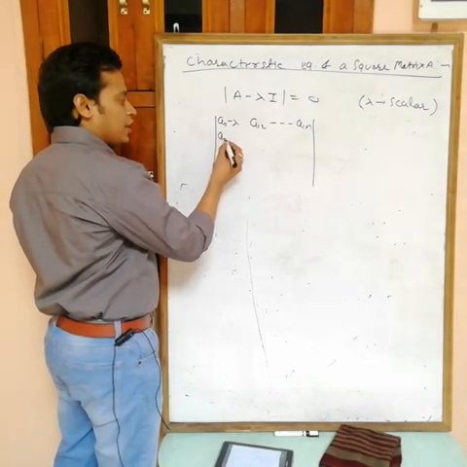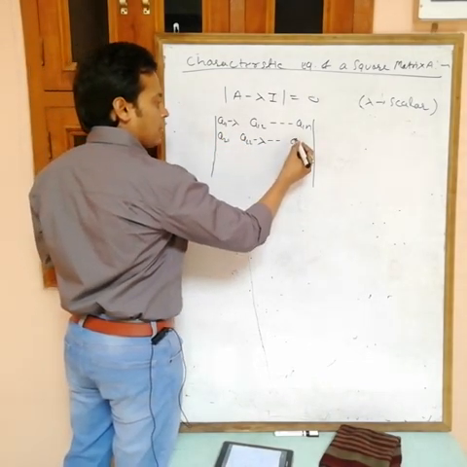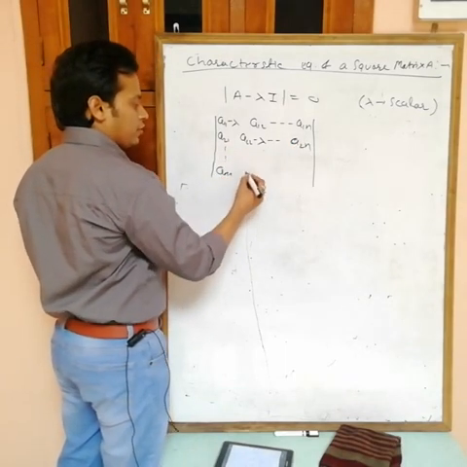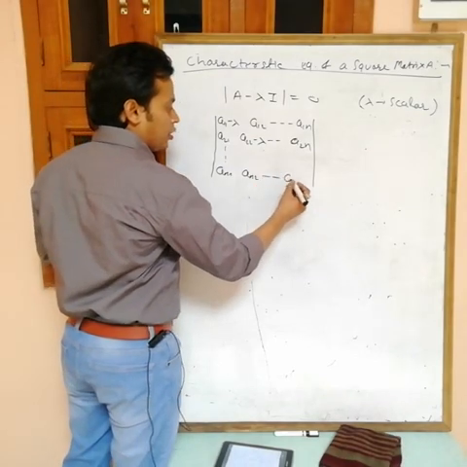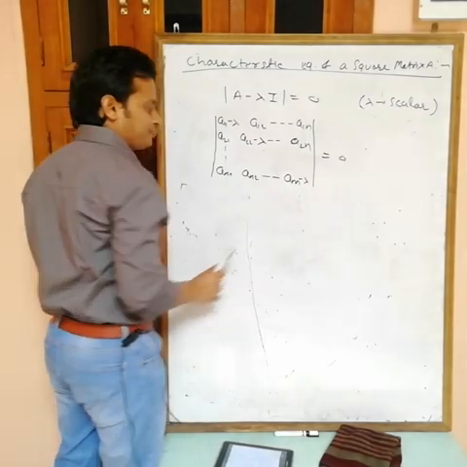Then here a21, here a22 minus lambda, then a2n. Similarly at the end an1, an2, and at last ann minus lambda equals 0.